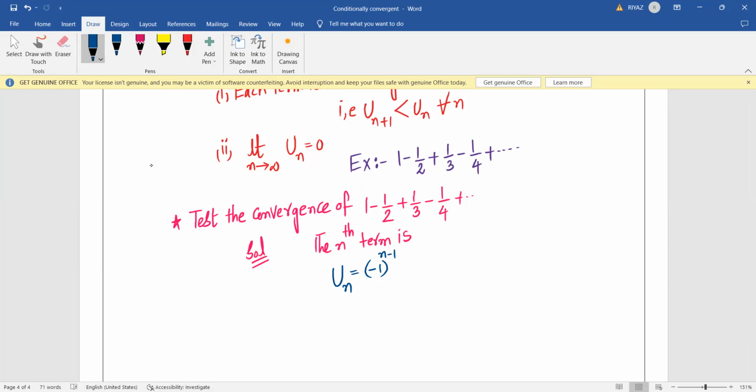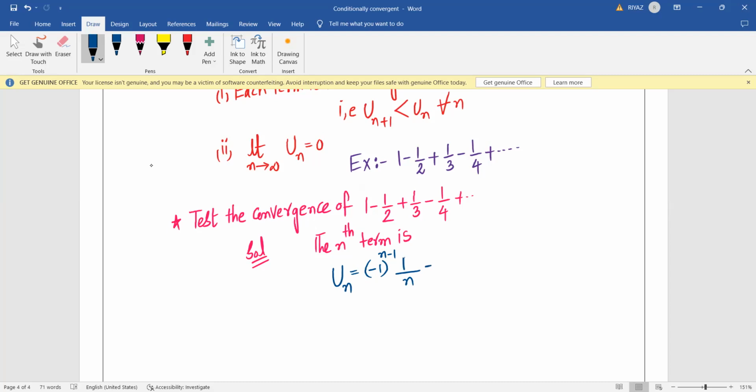Then the numerator is 1, 1, 1, 1, so 1. The denominator starts with 1, 2, 3, so definitely it is n. Let me check whether it is correct. If you put n equal to 1, 1 minus 1 is 0, any number to the power 0 is 1, so 1 by 1. That means we are getting the first term. Now if you put n equal to 2, minus 1 whole power 2 minus 1 means the term is negative, 1 by 2. So yes, it is negative. Like that it continues, so we can say that definitely the nth term is accurate.